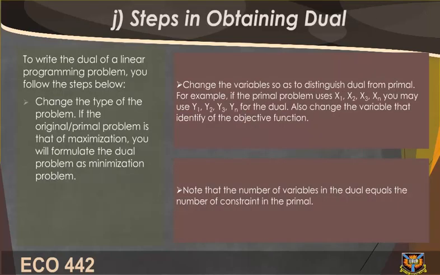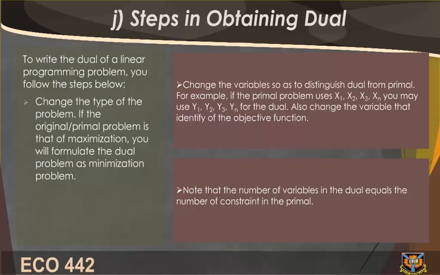Steps in obtaining the dual. To write the dual of a linear programming problem, you follow the steps below. Change the type of the problem. If the original or primal problem is that of maximization, you will formulate the dual problem as a minimization problem. Change the variables so as to distinguish dual from primal.